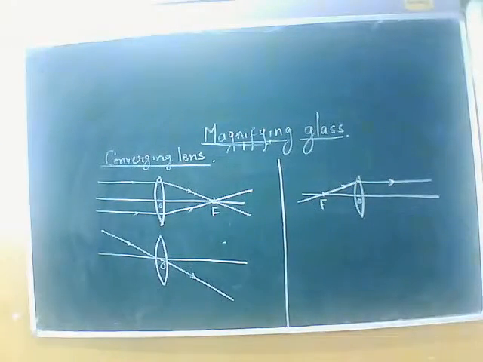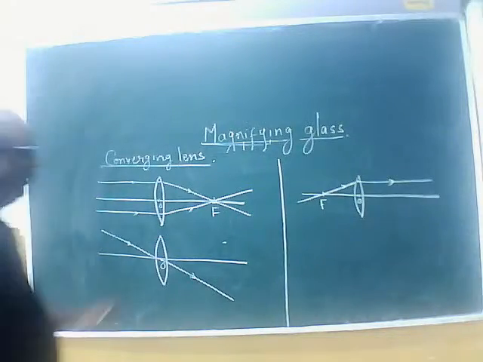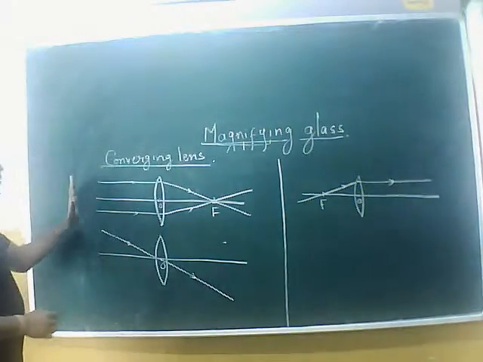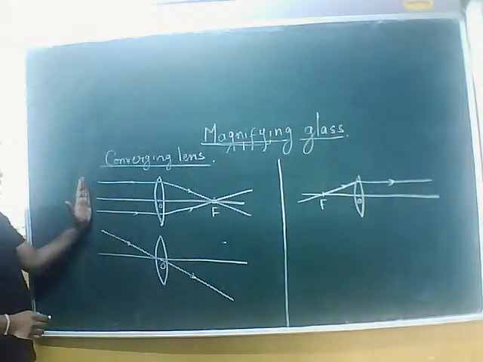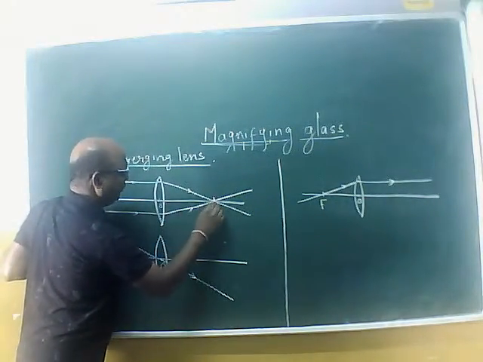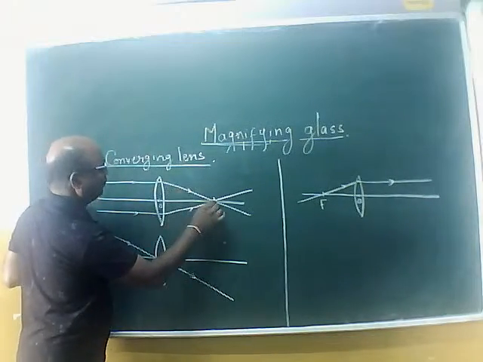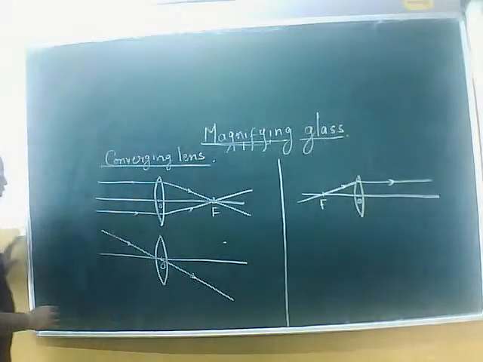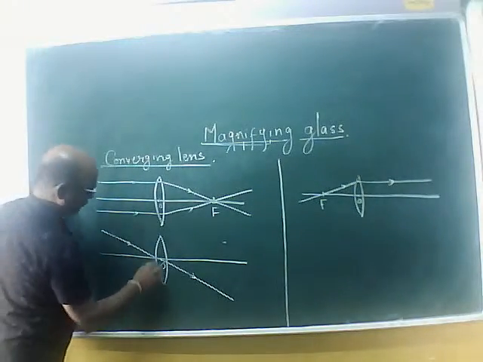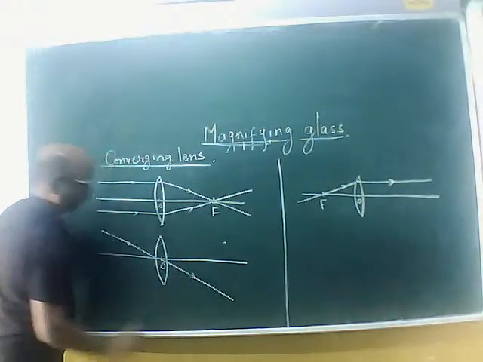So this is how we find three conditions. First condition, when the rays come parallel to the principal axis, they converge at the point known as the focus. When the rays pass through the optical center, they go straight without bending.